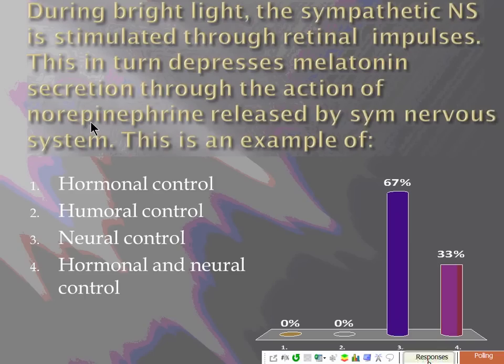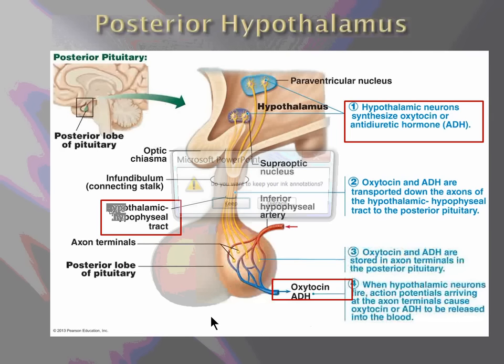It secretes norepinephrine. So that's the neural part. This norepinephrine depresses melatonin secretion. So can you see norepinephrine is a hormone which depresses melatonin secretion? So this part is hormonal. So can you see it is both hormonal and neural in this situation? Okay, have you followed? Not just neural. Okay, let's stop here.